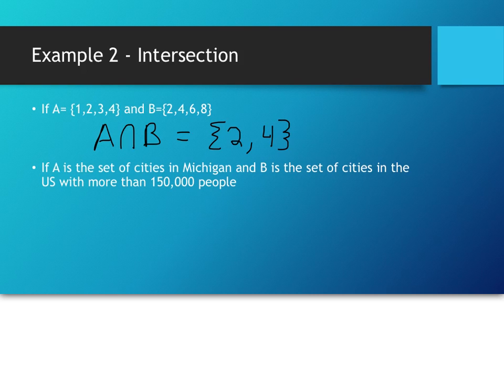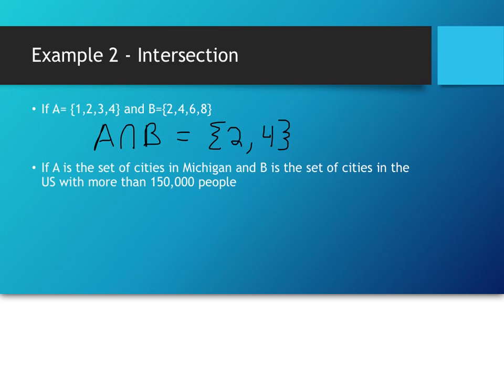All right. So my A and my B, I mean, obviously there's other elements in A, right? 1 is in A, 3 is in A, but 1's not in B and 3 is not in B. Same thing with 6 and 8 in B. There's no 6 in A, there's no 8 in A. So the only thing we have common to both are the elements 2 and 4.